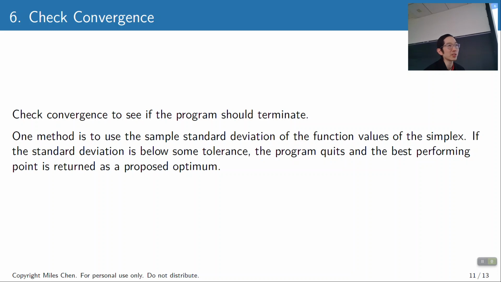You can also check the standard deviation of those locations, and if the variance between U, V, and W ends up being really small, the amount of difference between U and V and W is very small, you can say, okay, we have reached some kind of optimum solution, that there's not really much of a difference between these three locations.